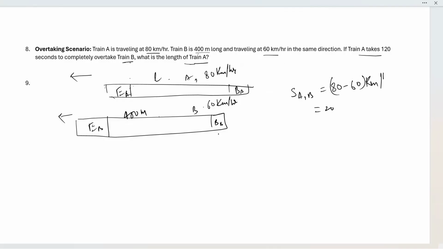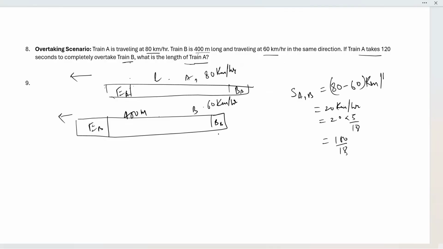So this will be 20 kilometer per hour. This can be written as 1000 by 3600, or 5 by 18. So again, let's do it in meter per second only. So this will be 20 into 5 by 18, which is 100 by 18.